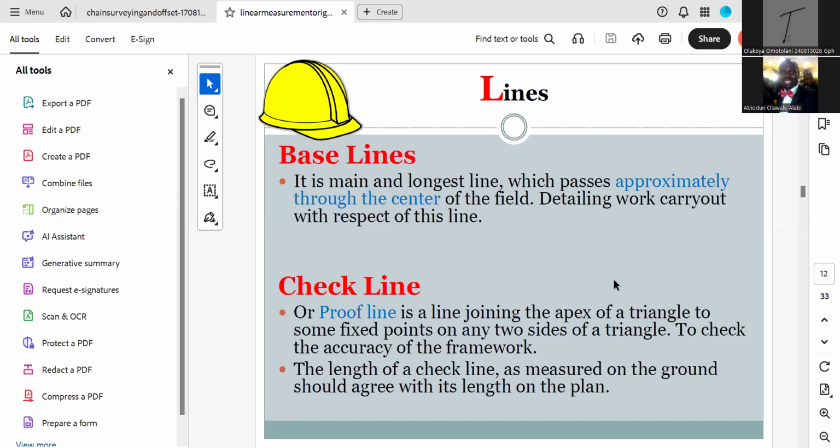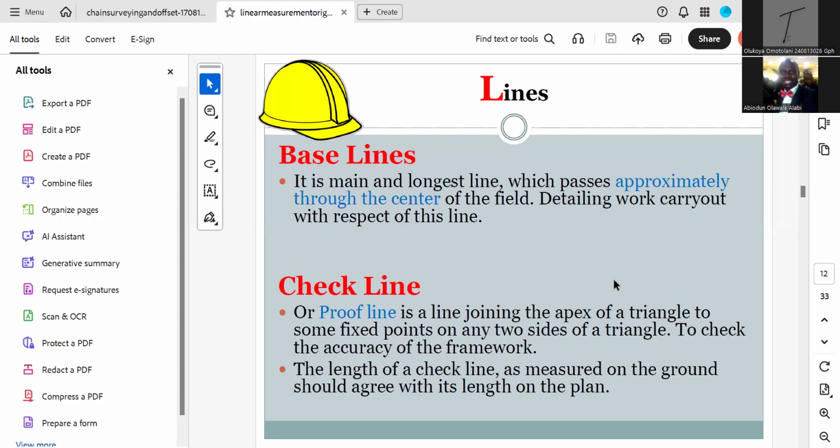So that is baseline. Then check line or proof line. That's another name. Instead of calling it check line, we call it proof line. It is a line joining the apex of a triangle to some fixed points on any two sides of a triangle to check the accuracy of the framework.